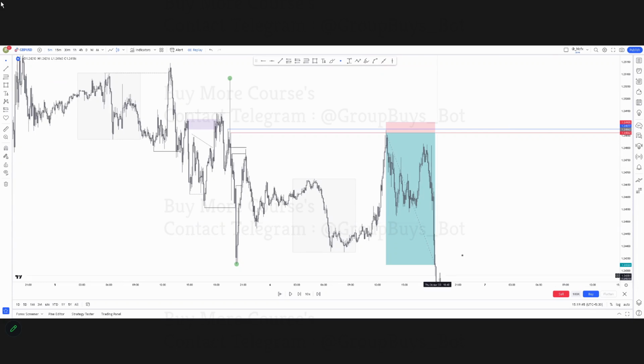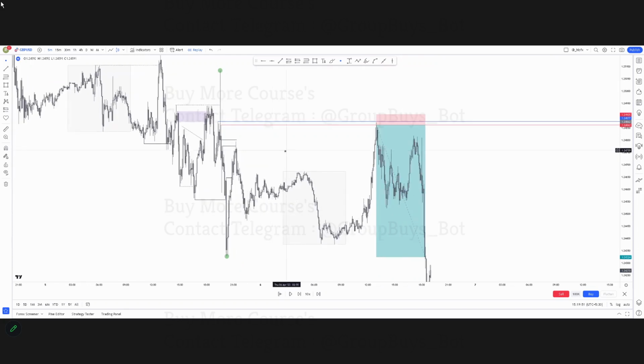So if I combine this strategy with the Malaysian SNR, I can have precision where I can risk 1% or more than 1%. Basically, the highest risk I made on one single trade is 6% per trade.